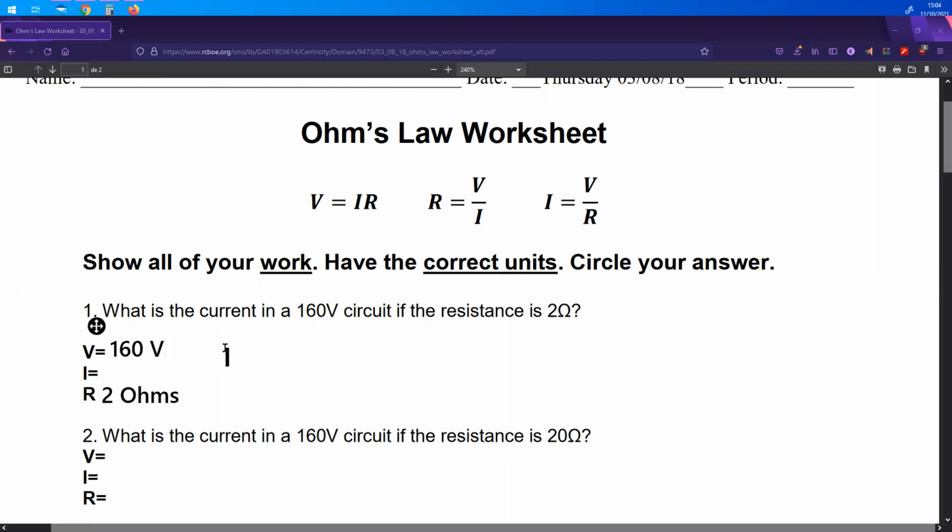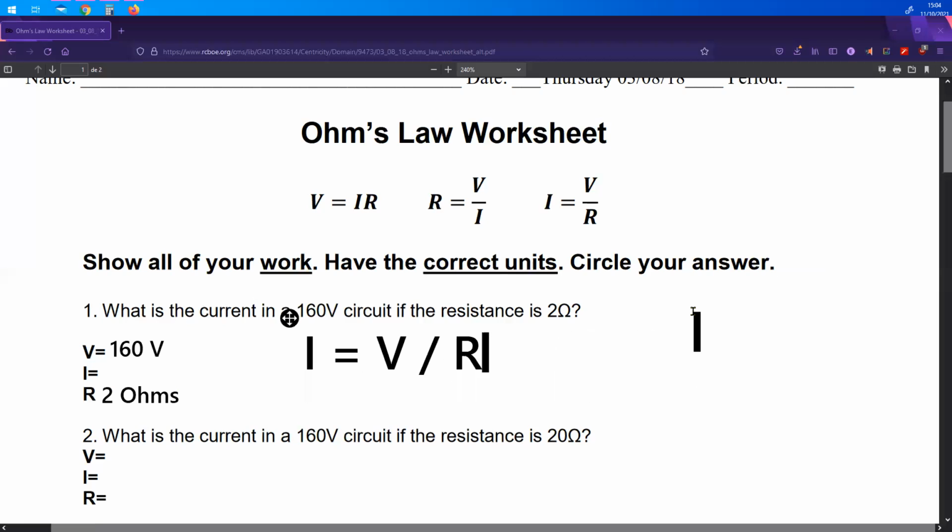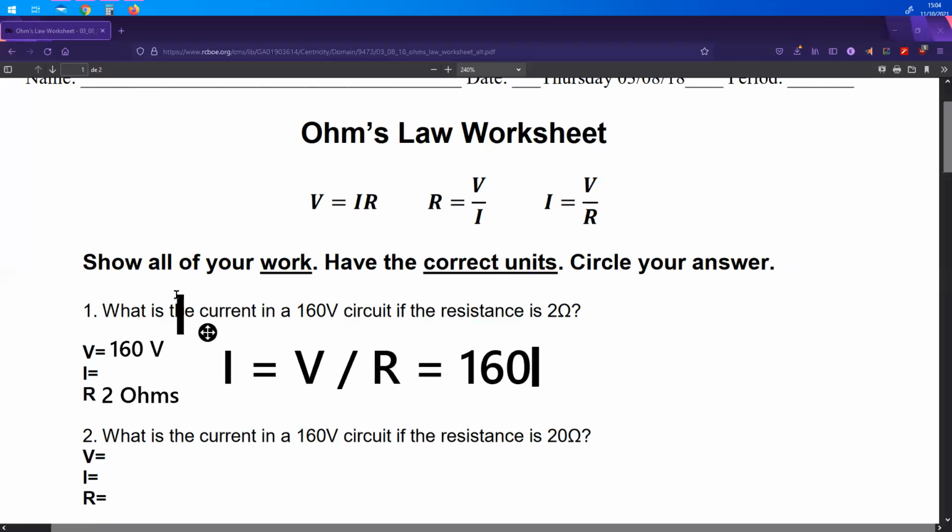And I need the current. So what's the way I can get the current? The equation is going to be voltage divided by resistance. That means 160 volts divided by 2 ohms.